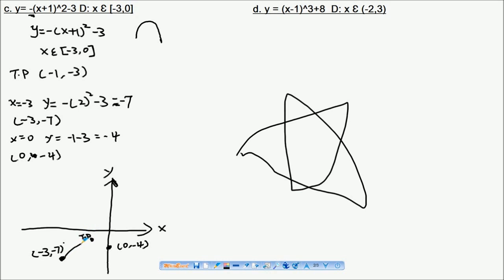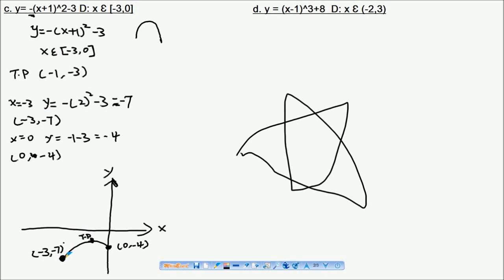Because the domain is in a square bracket, that means both the starting and the finishing end of the graph are included.